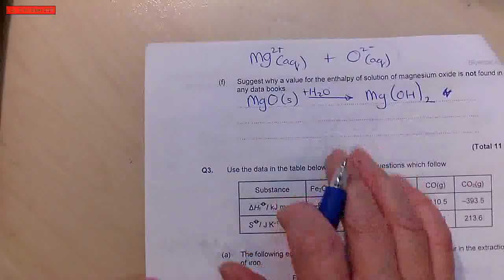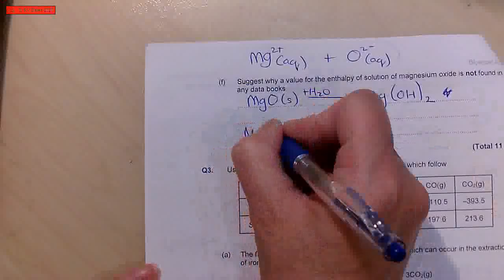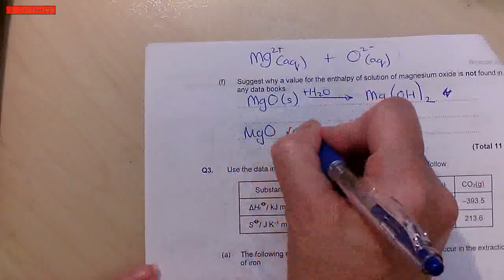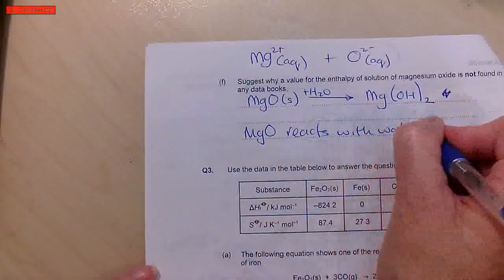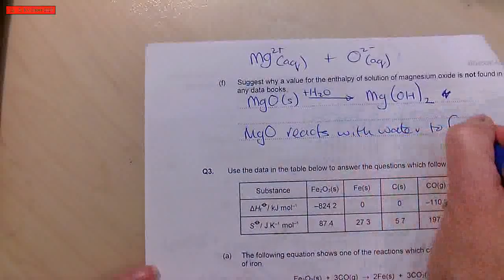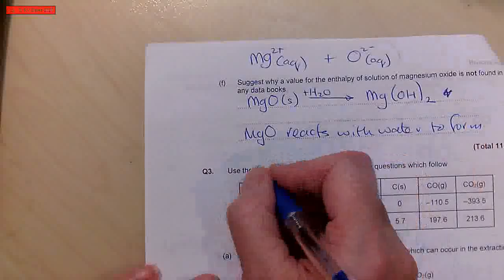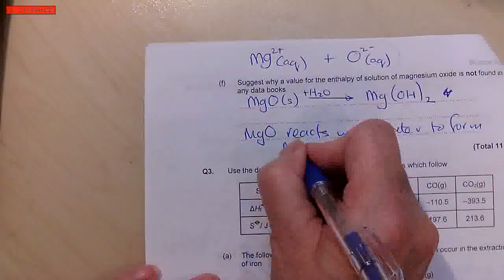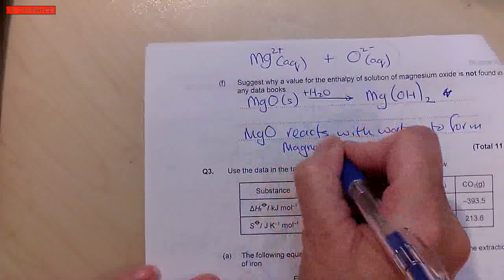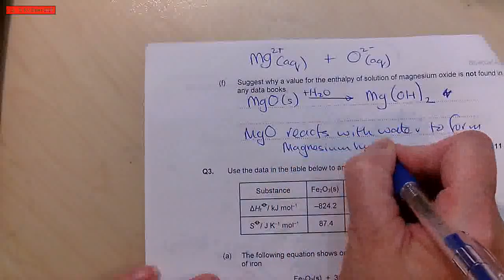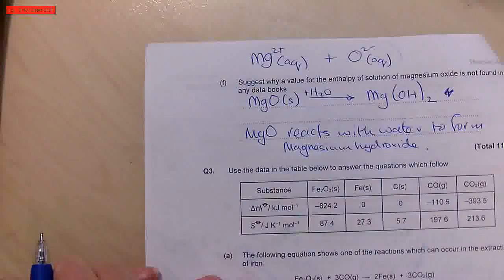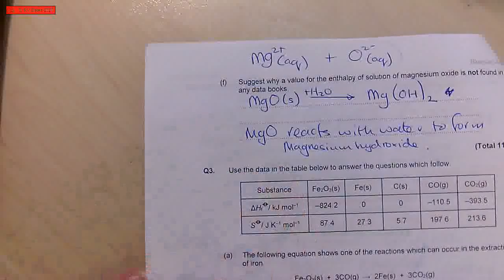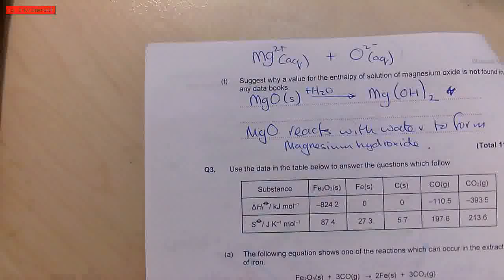So we say that magnesium oxide reacts with water to form the hydroxide, to form magnesium hydroxide. Okay, and that's it. That's the answer.